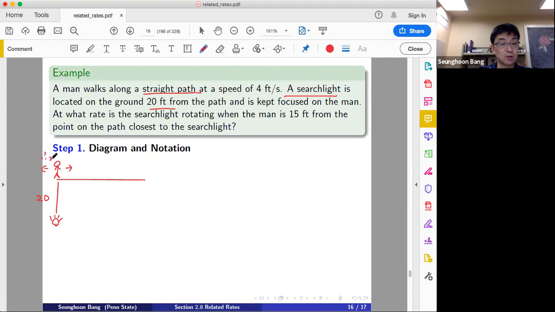Next, is this man moving to the right-hand side or the left-hand side? Which one? Could you decide and write your answer on the chatting board, please? To the right, yes. One student said right.